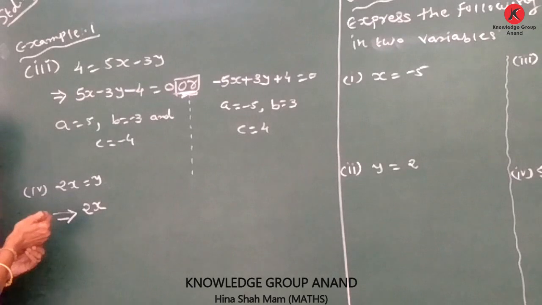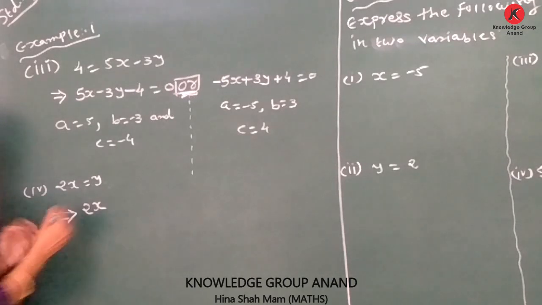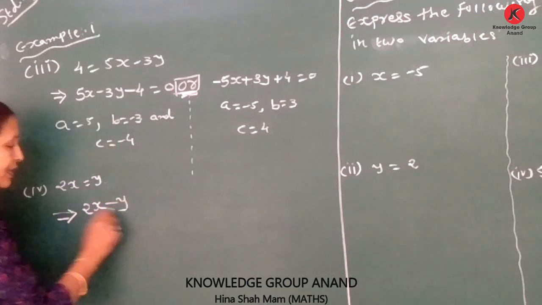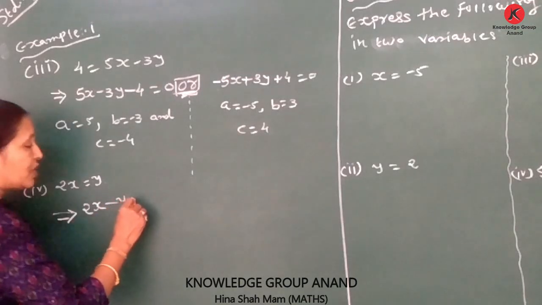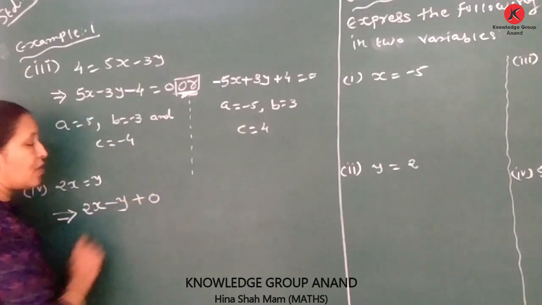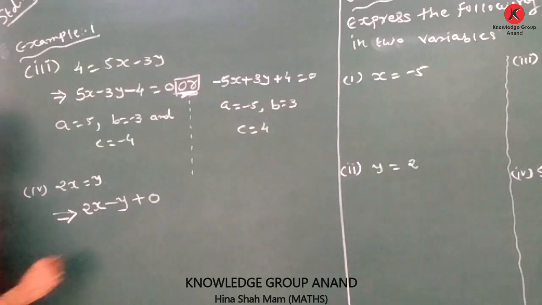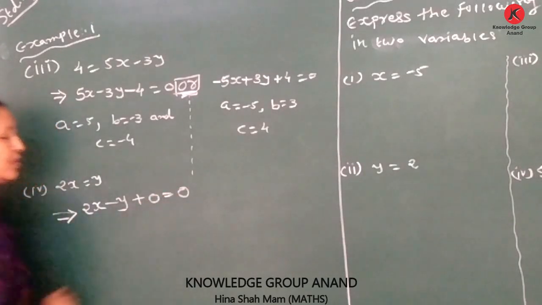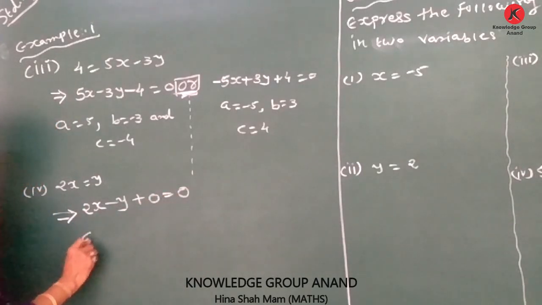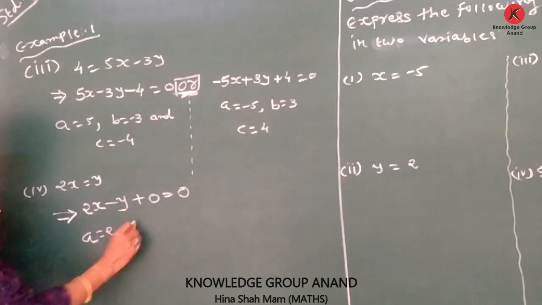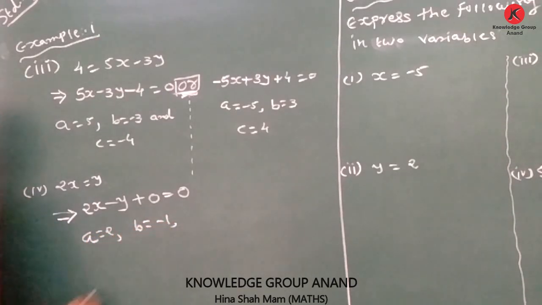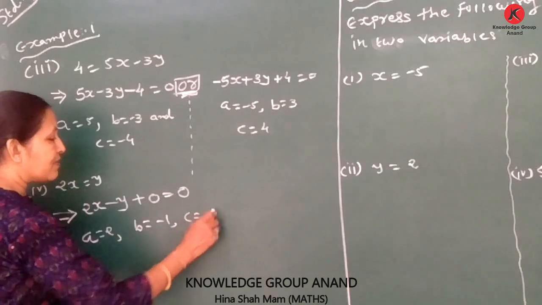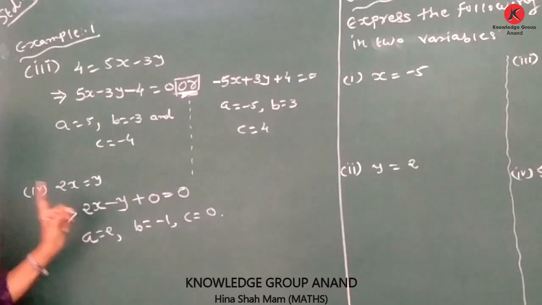Here by is not there, y is equal to minus 1. Then our constant c does not exist, therefore we write 0 is equal to 0. Here a is equal to 2, b equals to minus 1 and c is equal to 0.